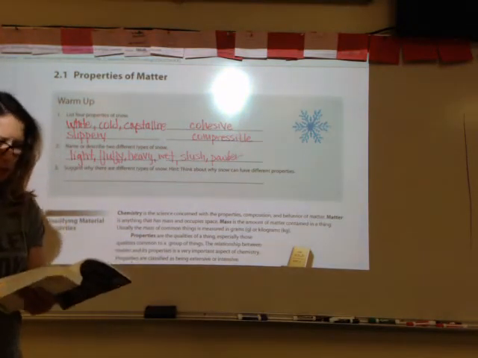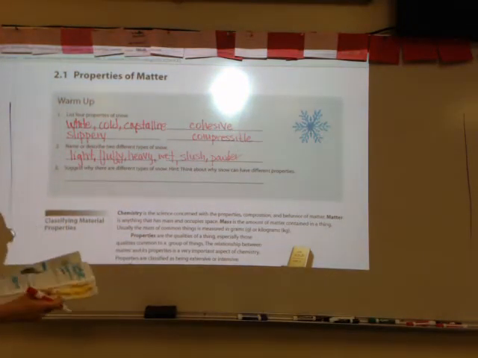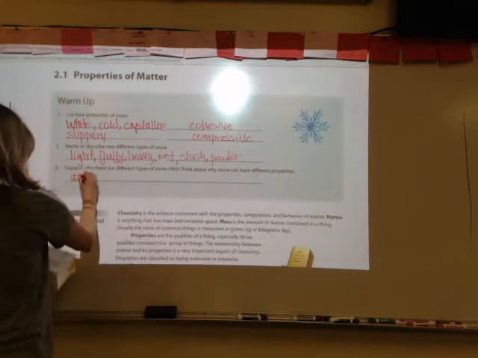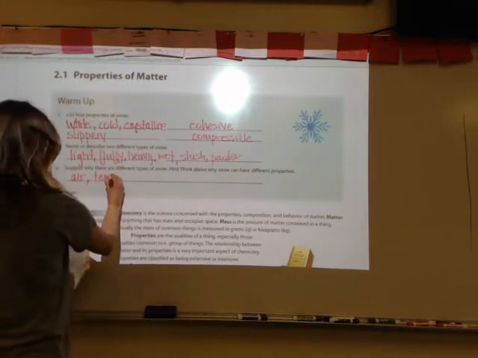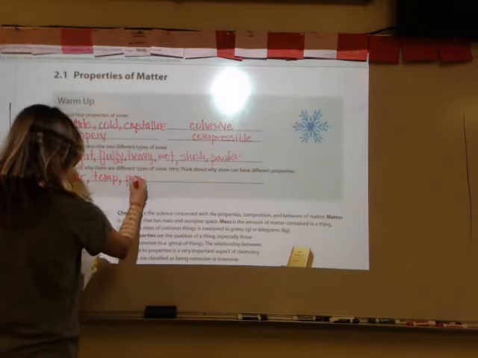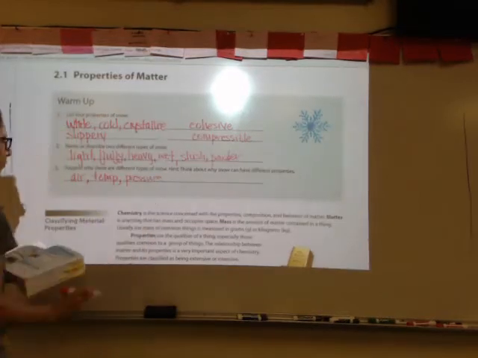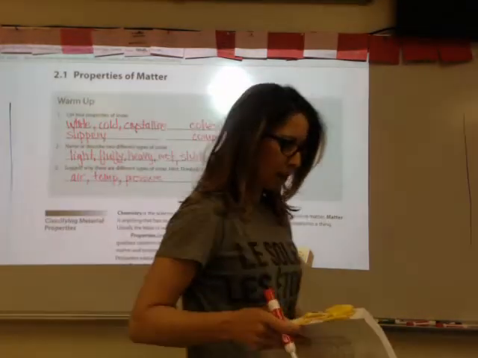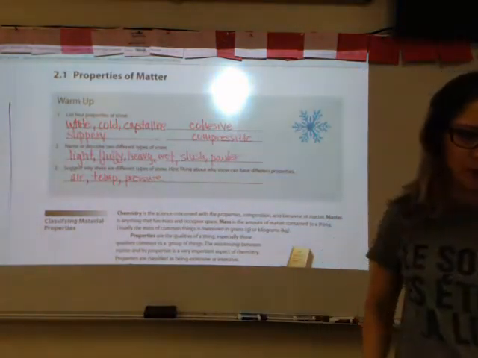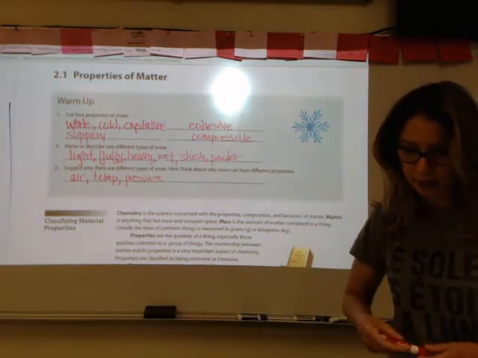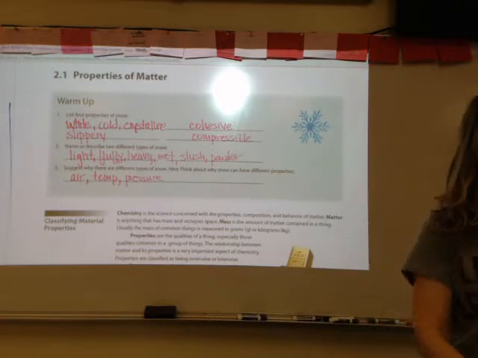Hint, think about why snow can have different properties. Well, the air could influence it, the temperature, the pressure, to name a few. And today we're going to be talking about matter and classifying matter and the different properties of matter.